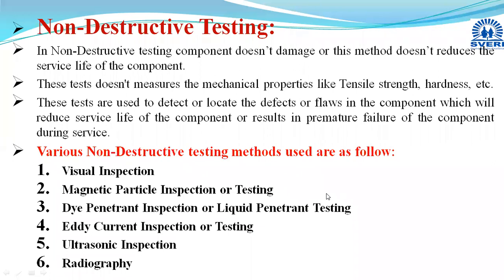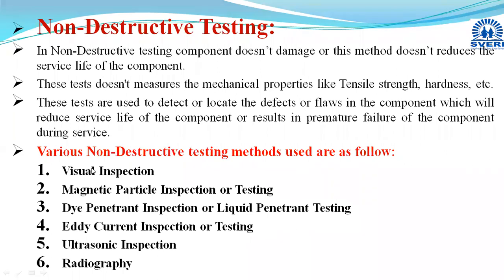So in today's session, we have discussed the different non-destructive testing methods. First, we started with the concept of what a non-destructive testing method is, and here we discussed that in this method, generally the component is not damaged or its service life is not reduced, and this is generally used for checking any kind of defects and detecting the location of that defect or flaws in the component.